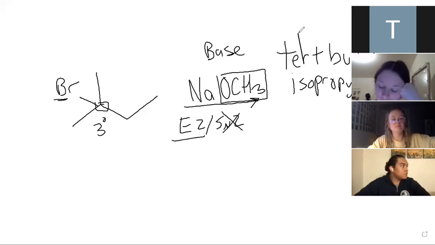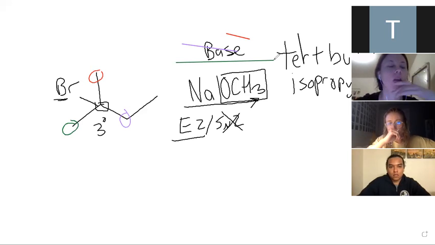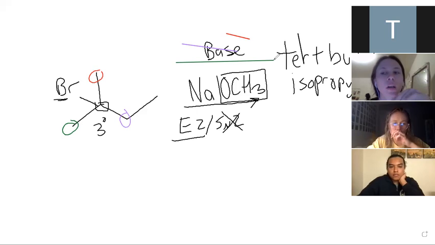So now I'm going to color these. My double bond is going to form between which carbons? The red one for my major, the purple one, or the green one? Where is my double bond going to form between my alpha carbon and which one of those for my major product?